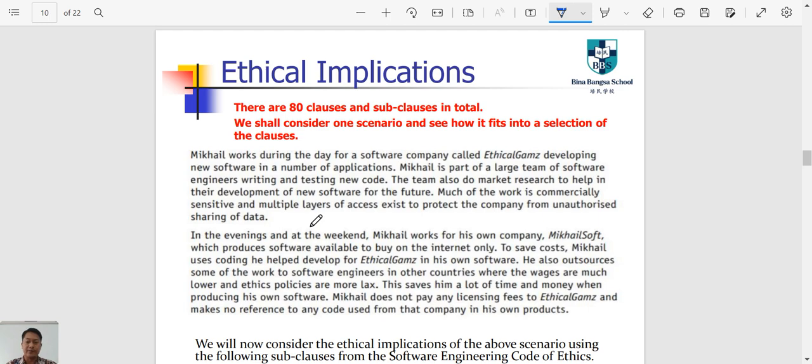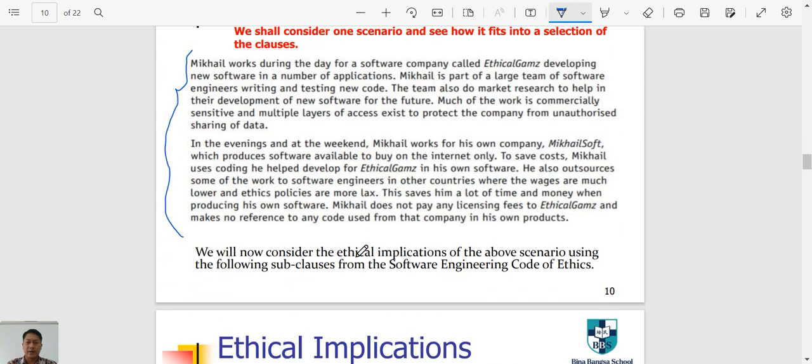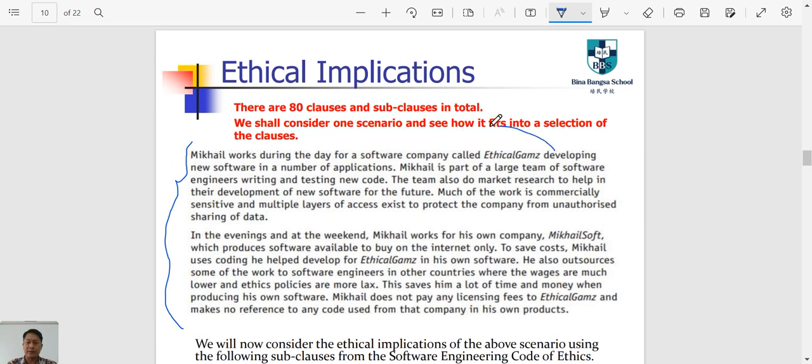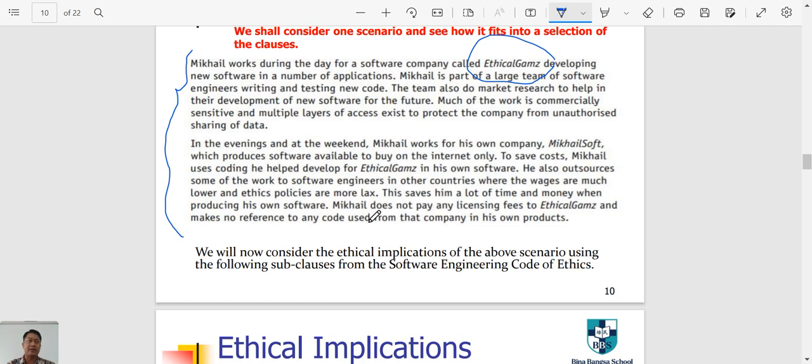So there is an example here that I want you to go over later with the PowerPoint. To give you an idea, there is a software engineer who is working in a company developing software and so on and so forth. But on the other hand, in the evenings after work, he has his own company to develop software also.